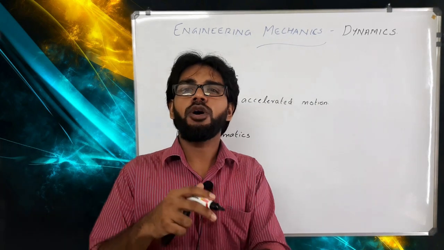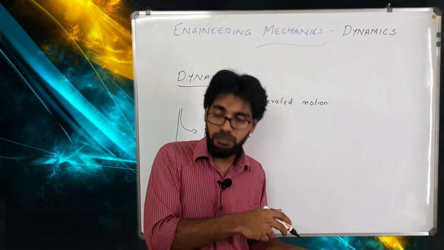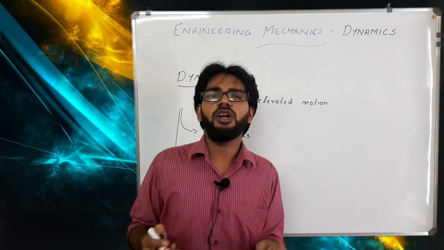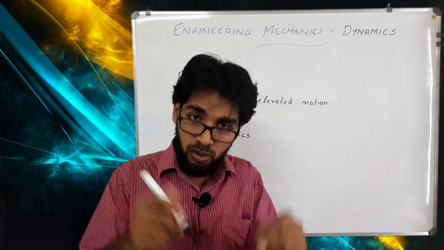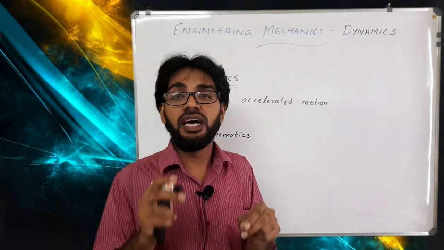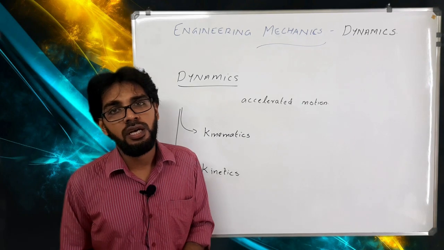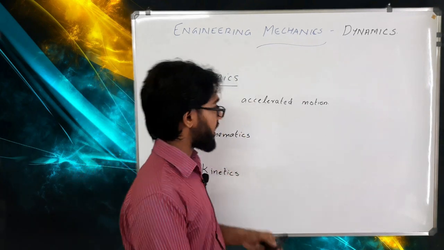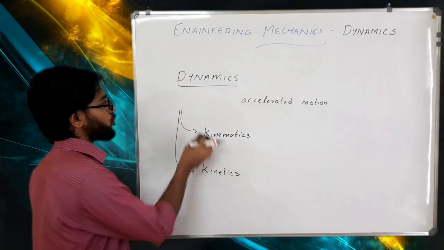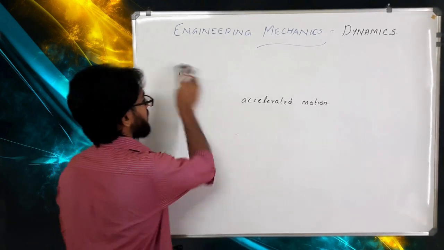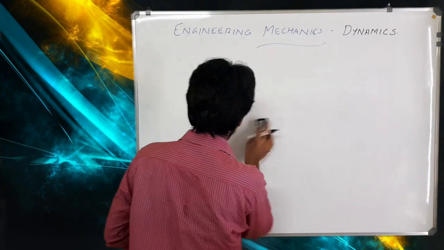So depending upon the frame of reference, depending upon the type of problem at hand, we make a great deal of approximations to reduce our calculations and arrive at the best solutions to our problems. Now, with that, we shall move on to the next topic, that is the basic concepts in dynamics.